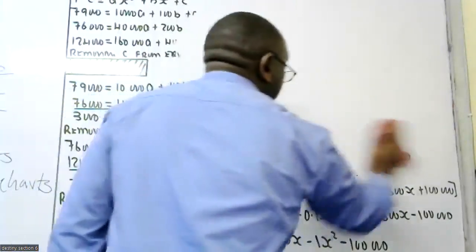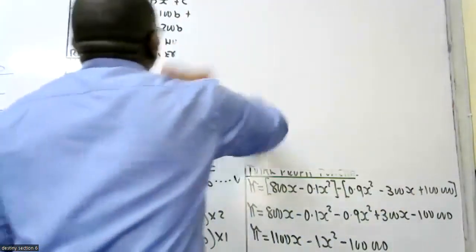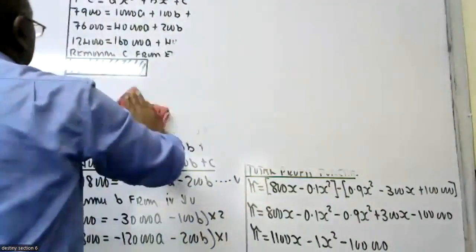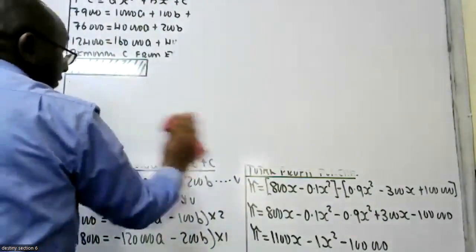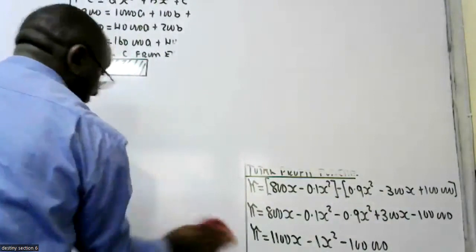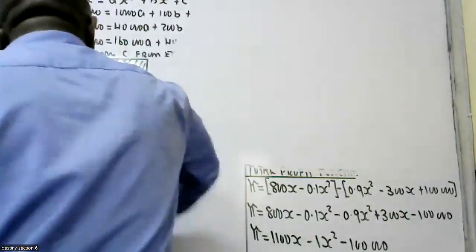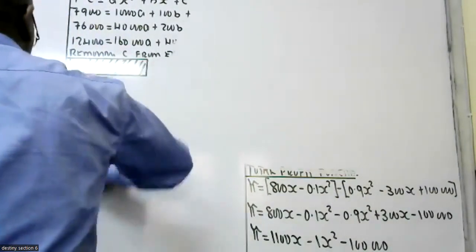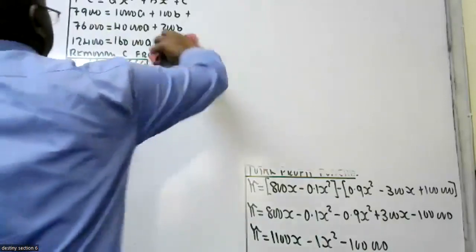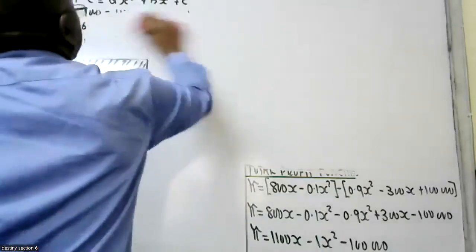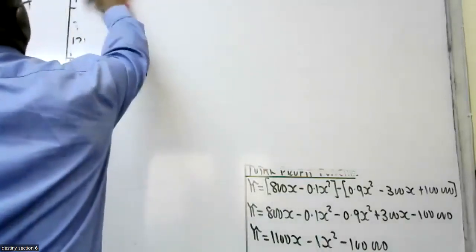Now, if that is the profit function, we are told to find the profit maximizing output.